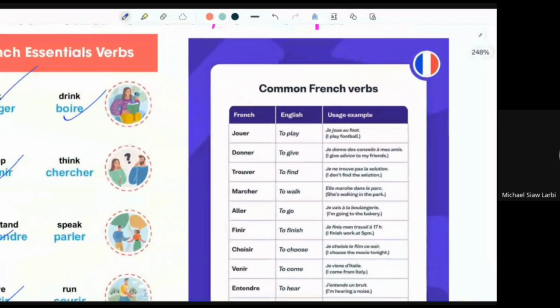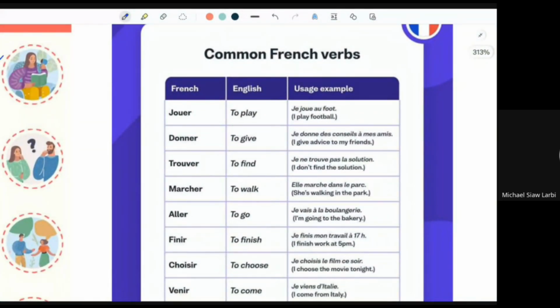So for example, someone will say, je vais à la boulangerie, I'm going to the bakery. You need to know that there's something called aller, which is to go. And I'm sure we're taught the conjugation of aller for those who did French in school, right? Why? So that when you see je vais à la boulangerie, you know I'm going to the bakery.